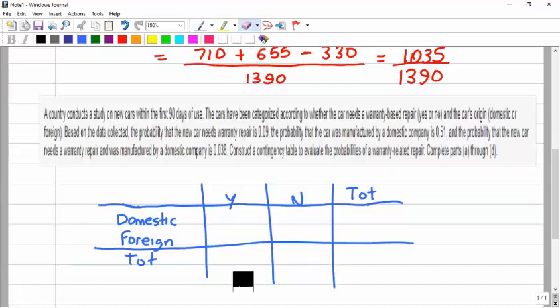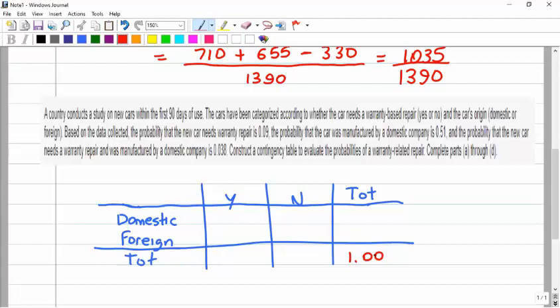These are going to be probabilities, so if they're already probabilities, the grand total is just going to be 1.00, just the number 1 is okay. All right, let's see. The probability that the new car needs warranty repair is 0.09.